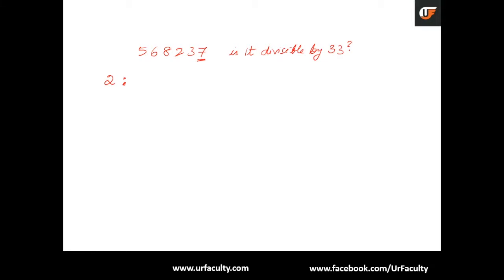The last digit of the number would be one of these: 0, 2, 4, 6, 8. In short, if the last digit is even, then whatever be the size of that number, it is divisible by 2.